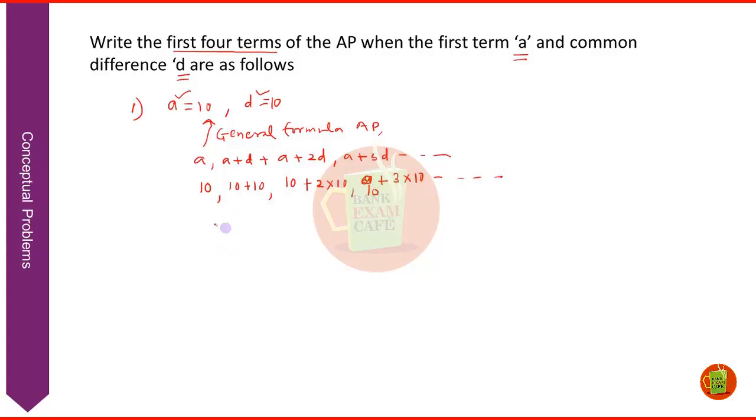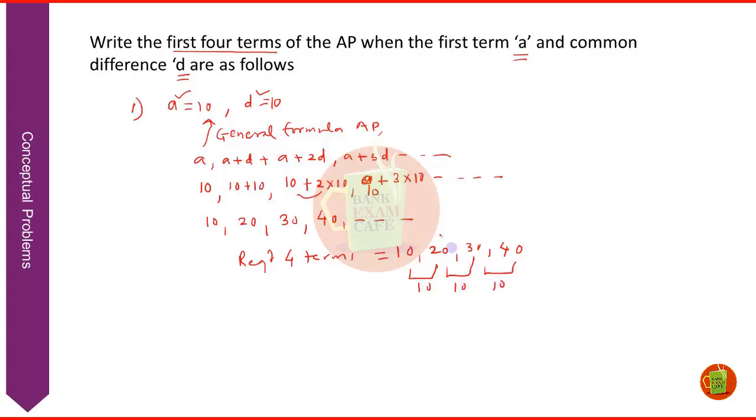So this will be 10, 20, then 10 plus 10 is 20, so this sum will be 30, and this sum will be 10 plus 30 is 40, and so on. But we have been asked to write the first 4 terms, and therefore the required 4 terms are 10, 20, 30 and 40. So here you see that the difference is 10 and the first term is also 10.